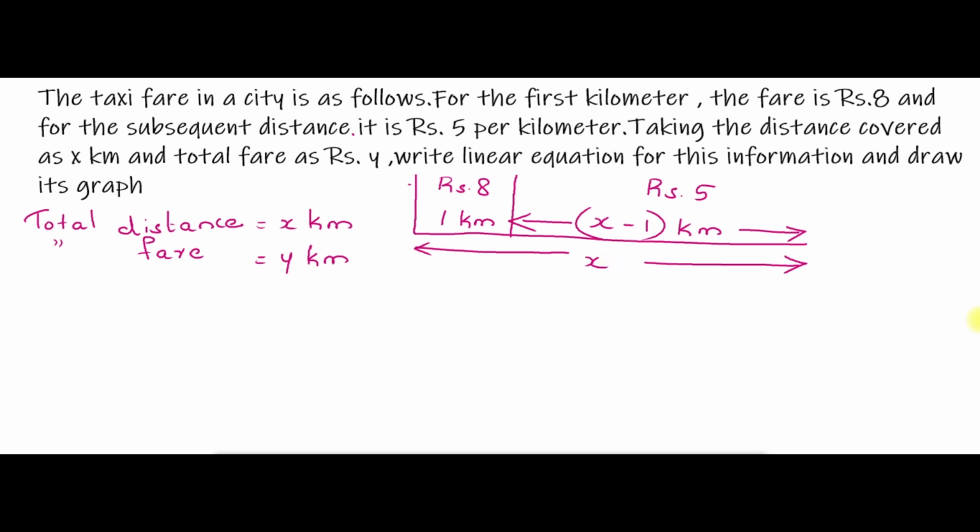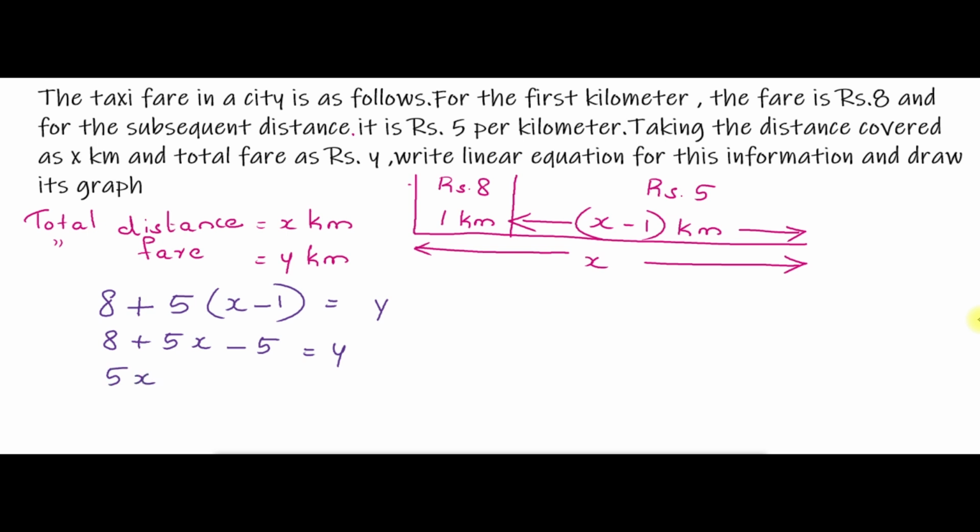So you have to form a linear equation with this information. You can simply write it as: for the first kilometer it is 8, and for subsequent kilometers it is 5 into (x minus 1). And your total fare is given as y. So you will be getting 8 plus 5x minus 5 is equal to y.